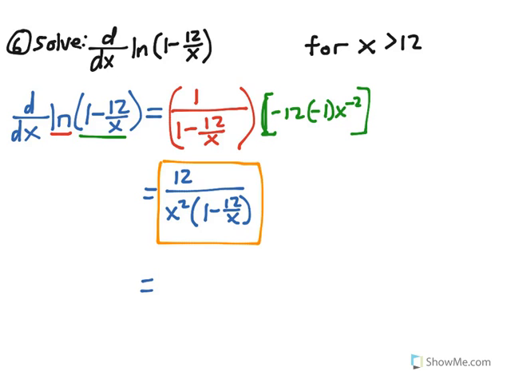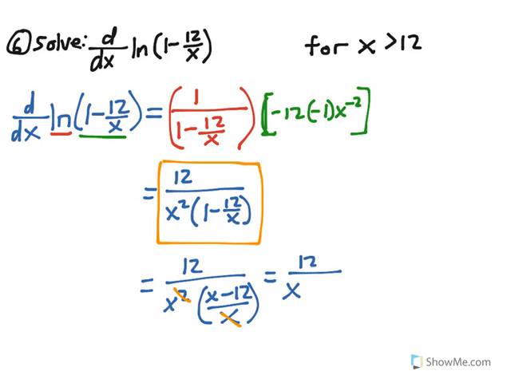So if we want to do a really thorough job of this, we're going to go 12 over x squared times the quantity x minus 12 over x, and the x squared and the x on the bottom cancel each other out, and so what you end up with is 12 over x times x minus 12.